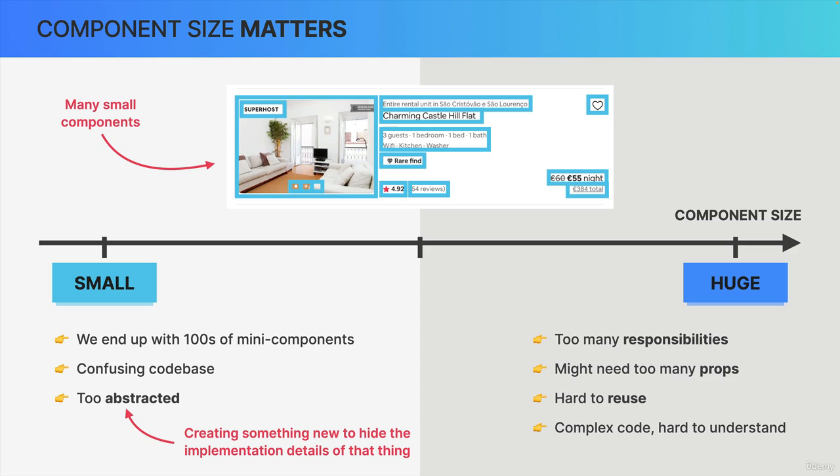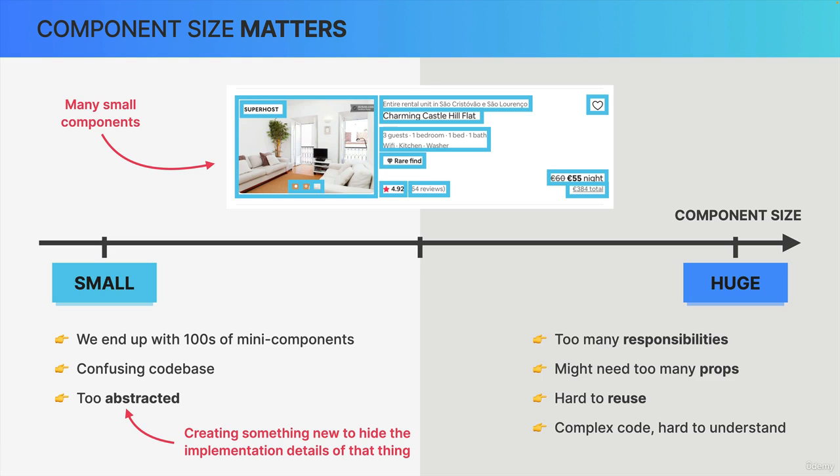For example, when we create a button component, the user of that component might have no idea how the button actually does what it does, because the implementation details are hidden behind this abstraction, so behind this component. So, in a way, each new component that we create is an abstraction.